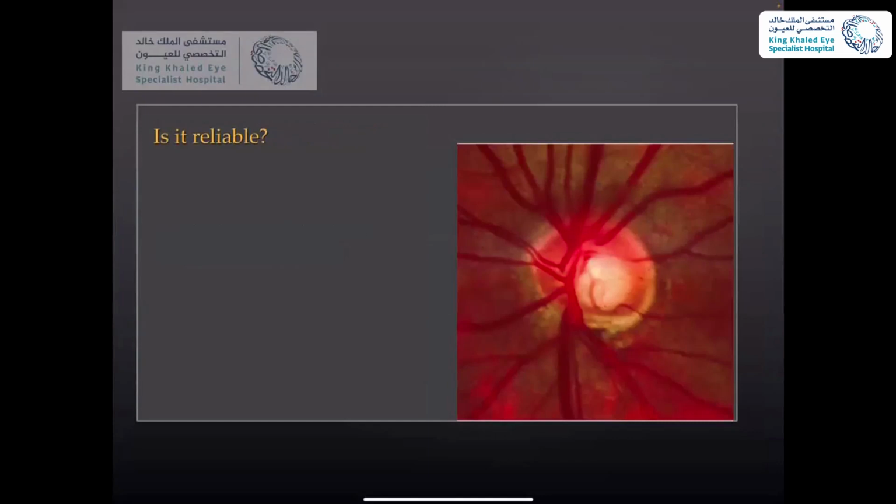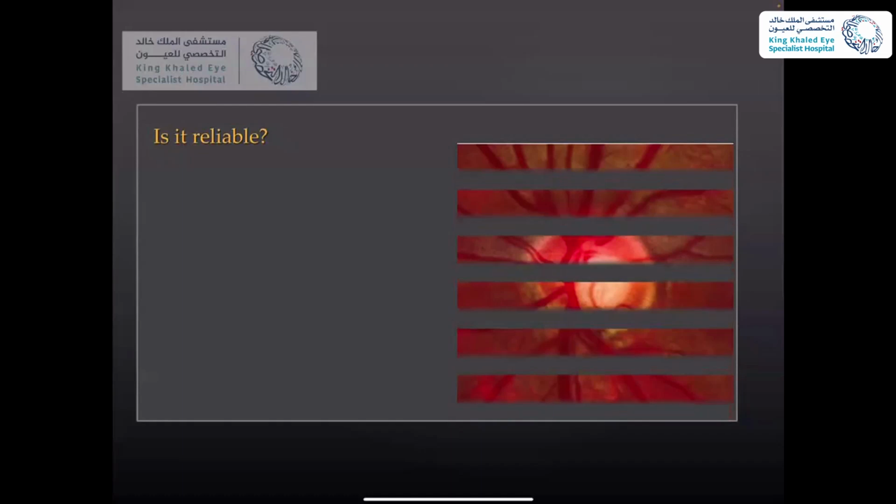I will give one example that shows what defect we have in this system. As you can see here, this is a disc photo showing what you would say is a 0.3 cup to disc ratio. With Armaly's methodology, this is only a patient with a 0.3 cup to disc ratio, but it has an inferior notch, and we might be misled by the 0.3 and think it is mild or no glaucoma if you're just looking quickly at the disc.